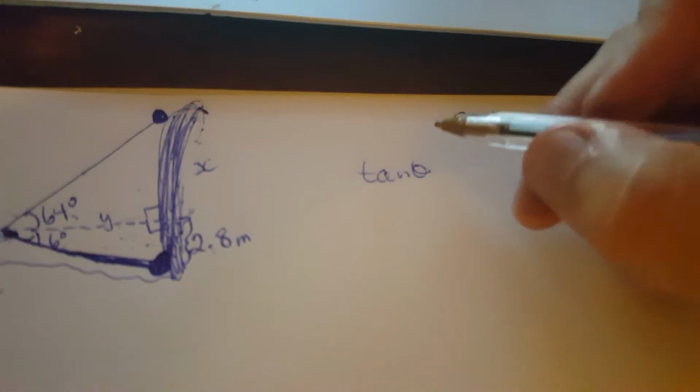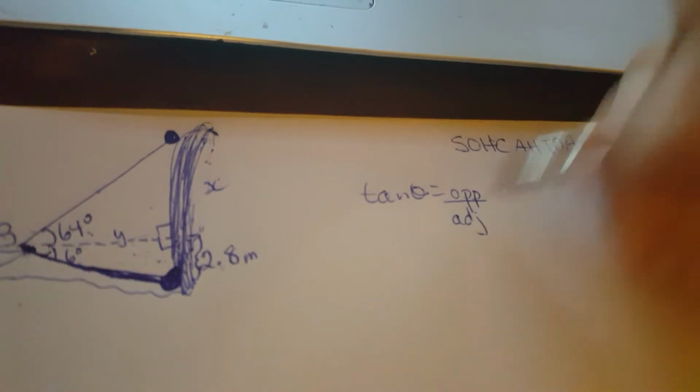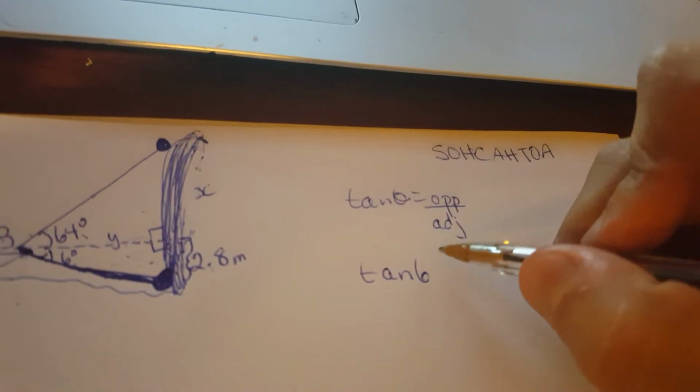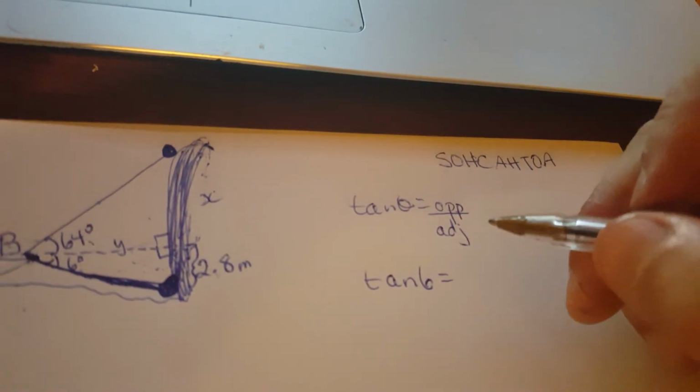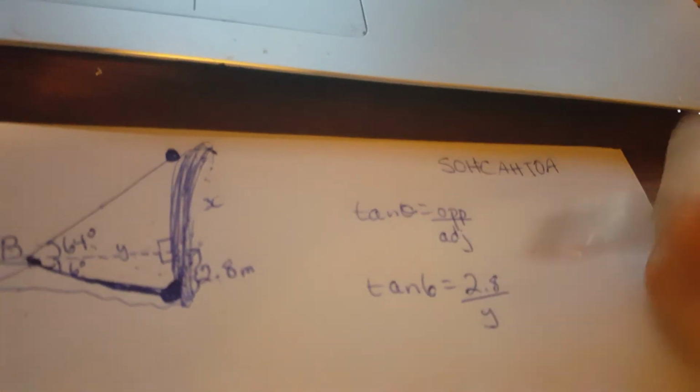So I'm going to say tan of theta is equal to opposite over adjacent. Then I can plug in. So tan of 6 degrees is equal to the opposite, which is 2.8, over my adjacent, which is y.